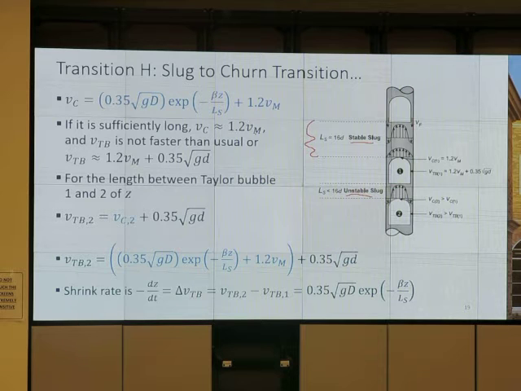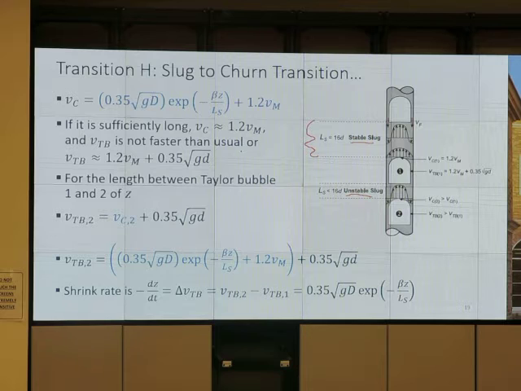Vc will be equal to 1.2 Vm, and VTB is not faster than usual. So this means whenever we get a stable slug, both bubbles move at the same speed. That's what it is, right? If it's unstable, the bubble in the bottom moves faster. But if you have long enough slug length, both bubbles have the same speed.